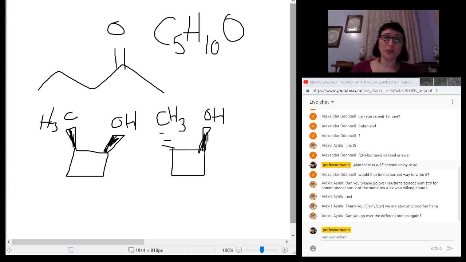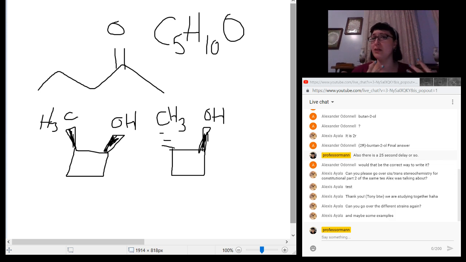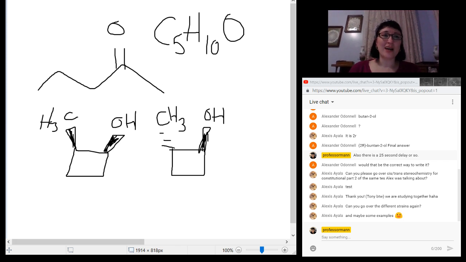Can you give me a more specific question over what you don't understand about the different types of strains? Like ring strain is from the angles being not 109.5 when they need to be, and it happens in rings. So actually, I will defer to your book on that one for the examples, because there's a lot of examples in your book, and they're much prettier than what I'd be able to show you on here, because they actually show all the bond angles involved.